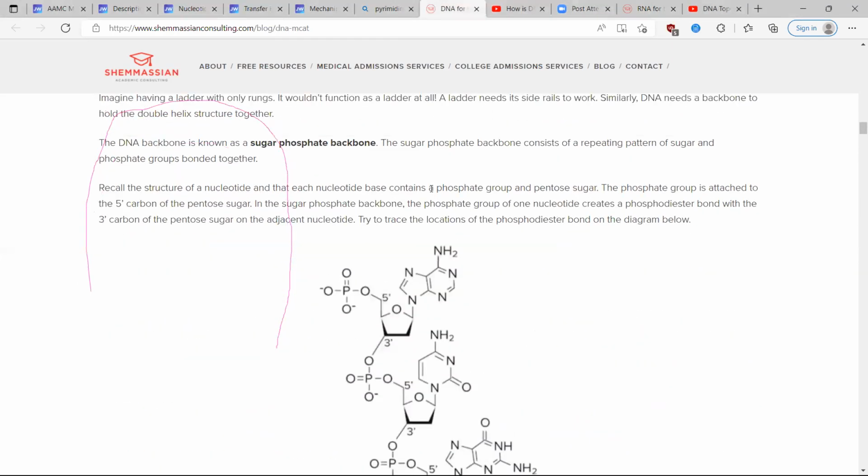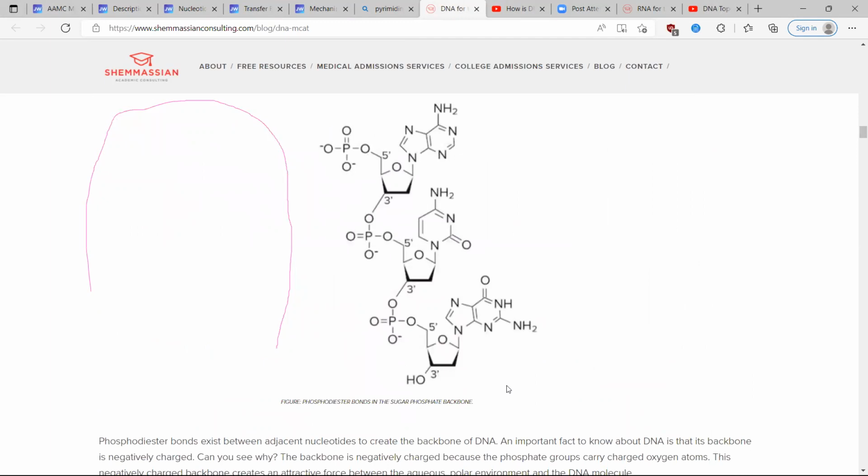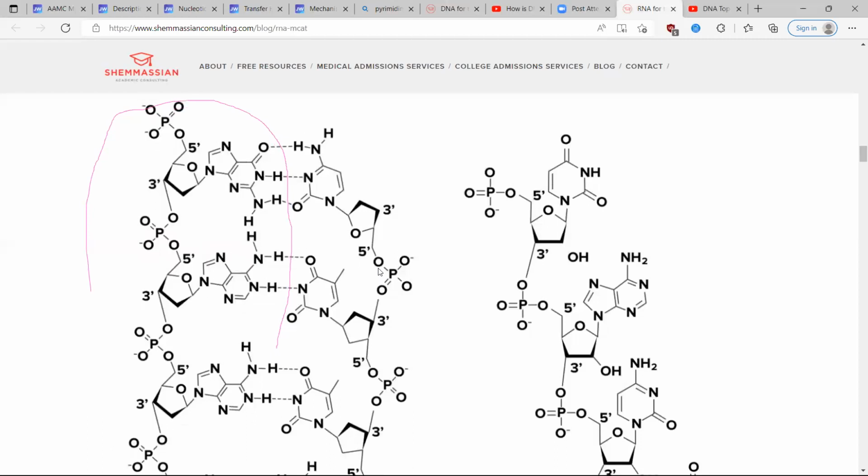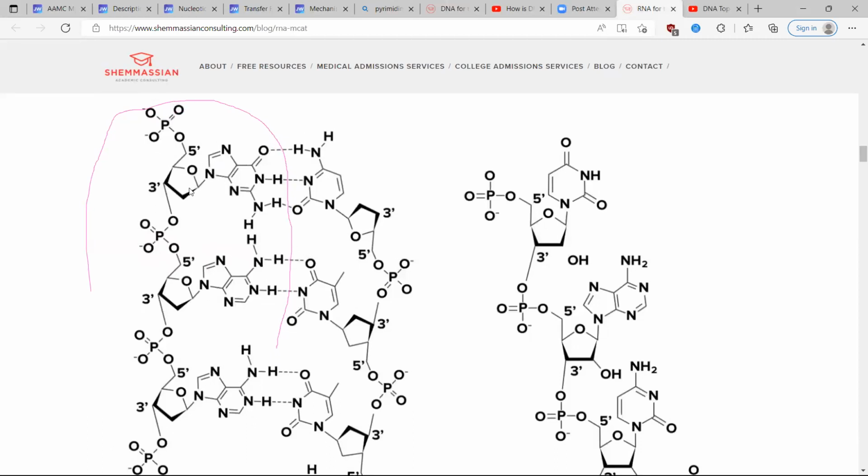This is a strand of DNA, right? But DNA is not a strand by itself. DNA is a double helix, two strands connected, and they don't connect in a parallel manner, but in an anti-parallel manner. You can see that one is right side up, so to speak, and the other is upside down, if we look at it this way.